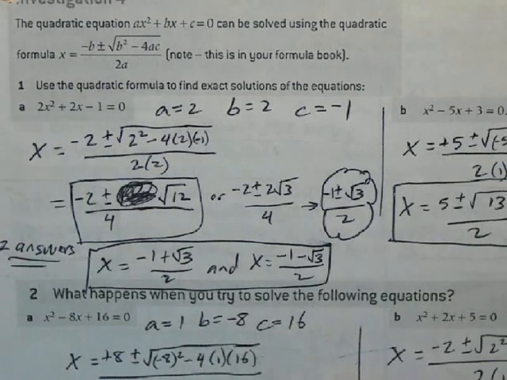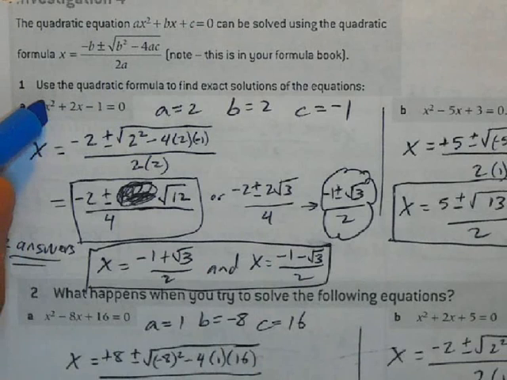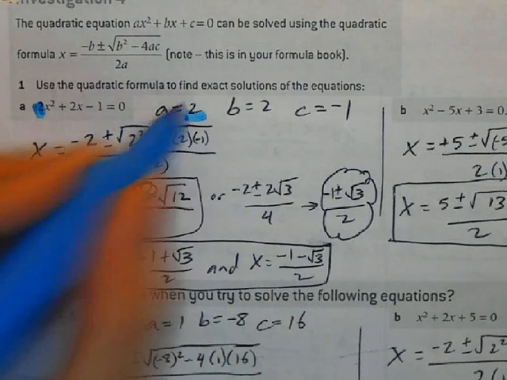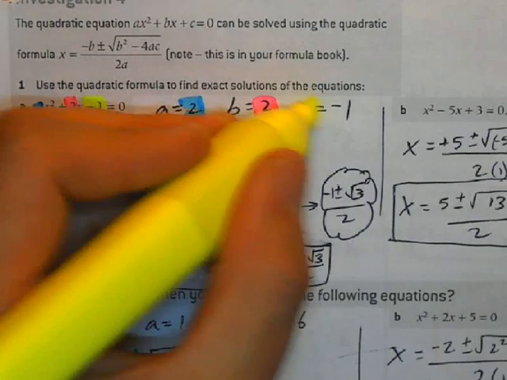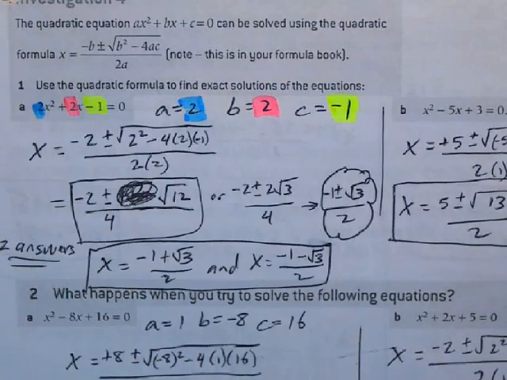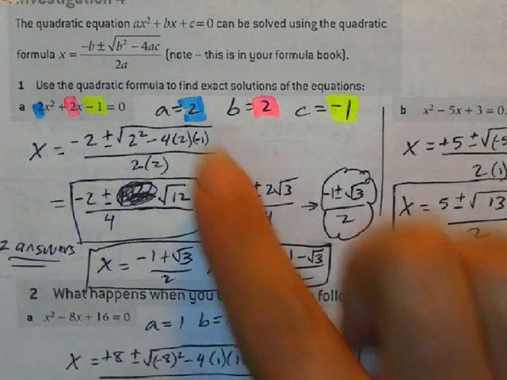So for example, here my a value is 2. My b value is 2. My c value is -1. Now I'm going to plug it into the equation that we have up here.